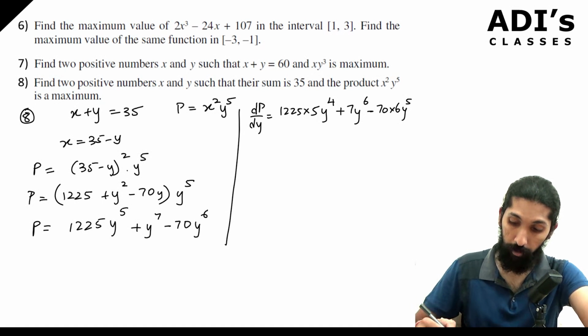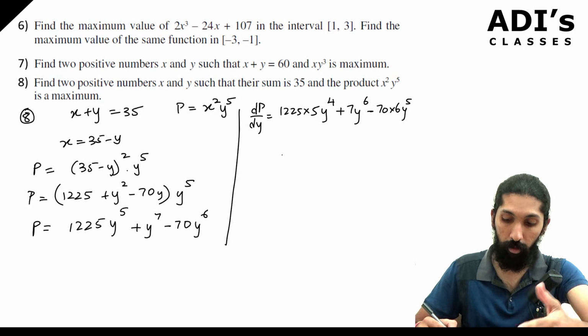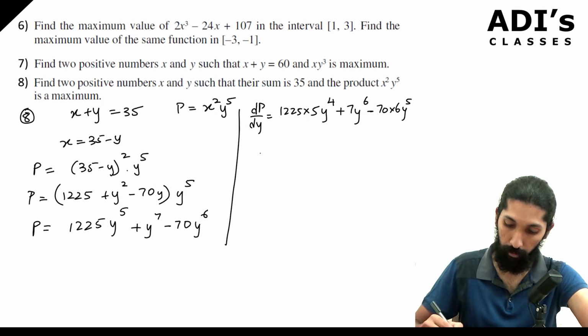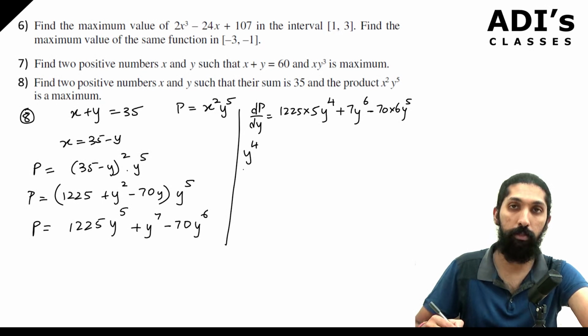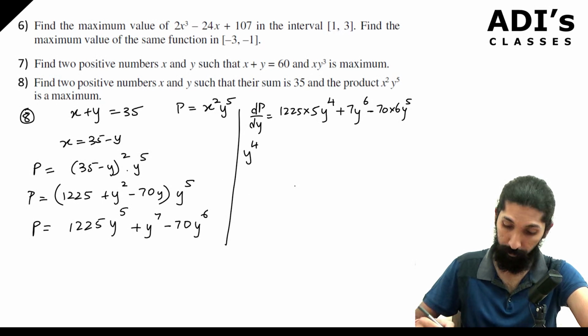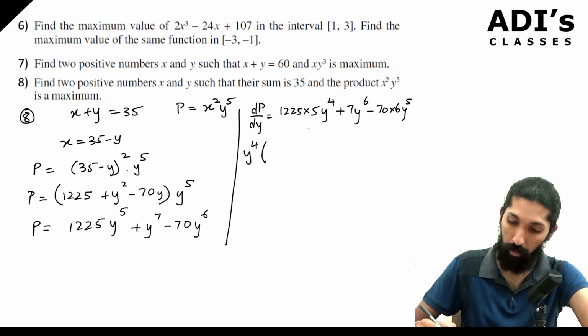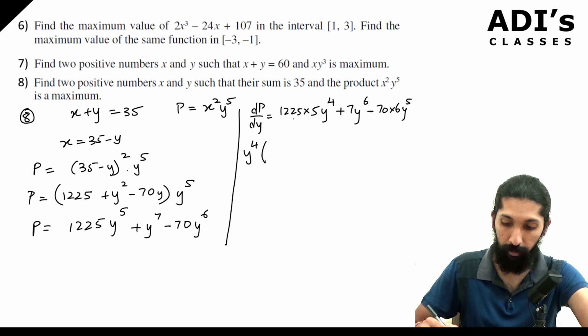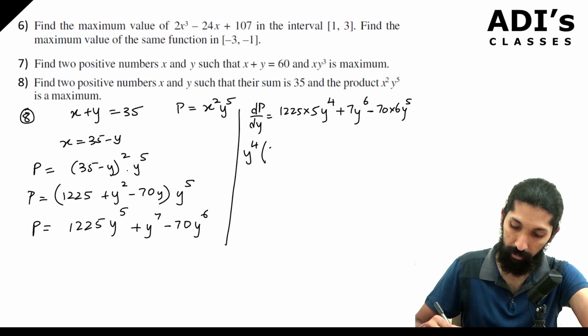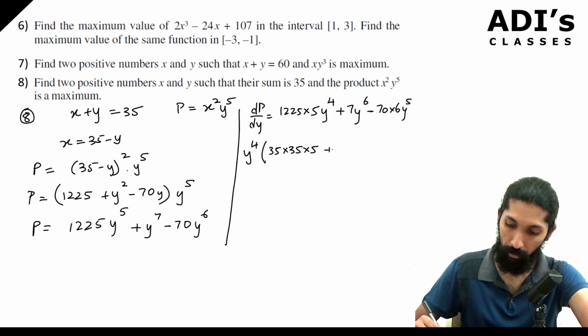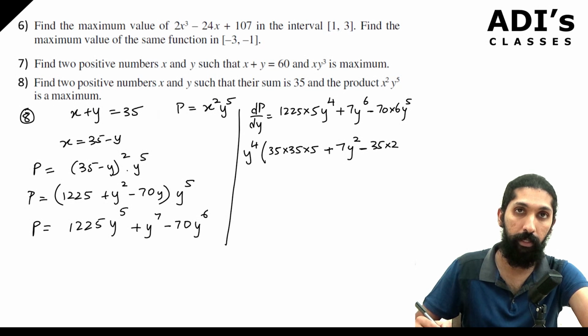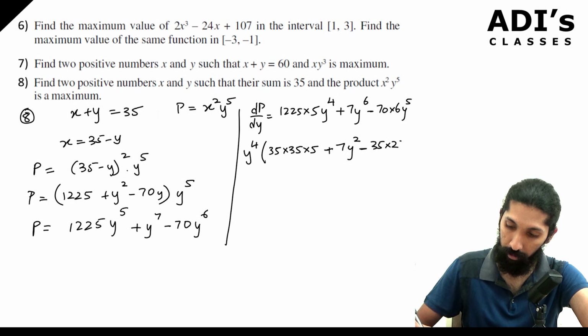Now, when you're equating it to 0, try to take common factors. See, you can take y power 4 as common, which is a lot easier. Now, 1225 is 35 square, so write it as 35 into 35 into 5, plus 7 y square, minus 35 into 2 is 70, into 6y.